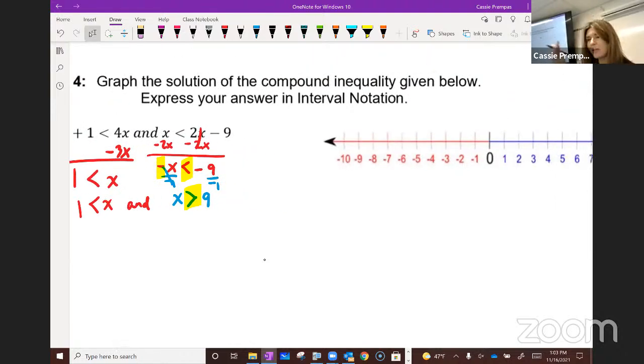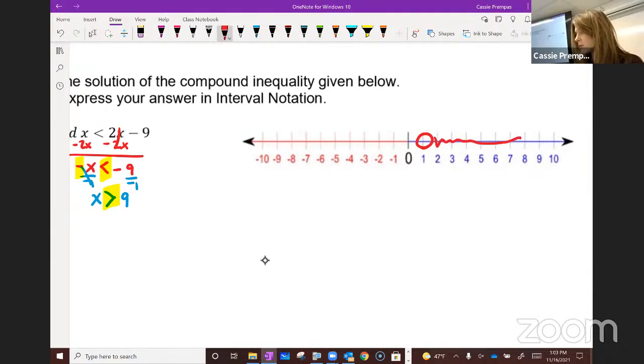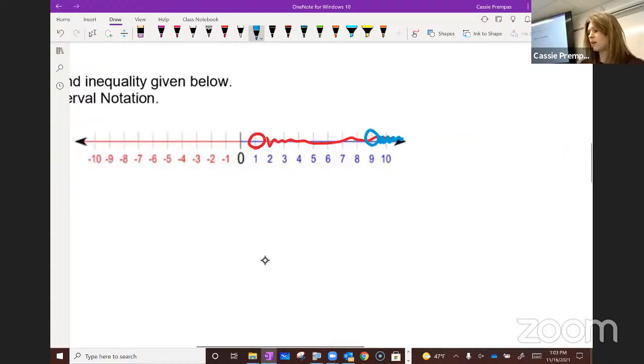If this isn't quite making sense to you, you could just color in red and blue and see where do they overlap? Where do they touch? Where would the purple really be created? Because if we graph the numbers greater than 1, that would be everything this way. And if I graph the numbers greater than 9, that would be everything this way. Where would the purple match up with? Right after 9. Awesome.